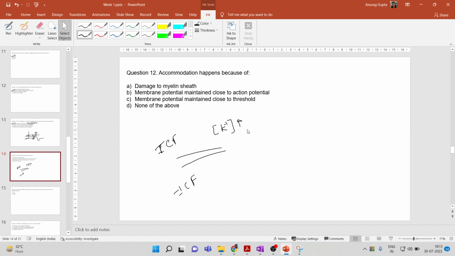Because the resting membrane potential is close to the threshold for a sustained amount of time, this happens. Now it is in a refractory period, and no matter what stimulus you give, action potentials cannot be generated. So the answer is C, membrane potential close to the threshold.